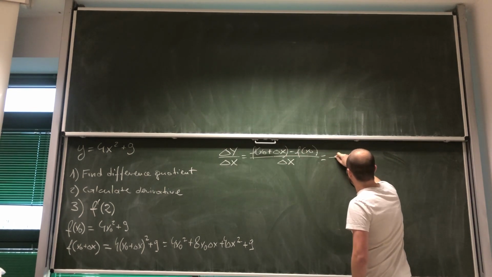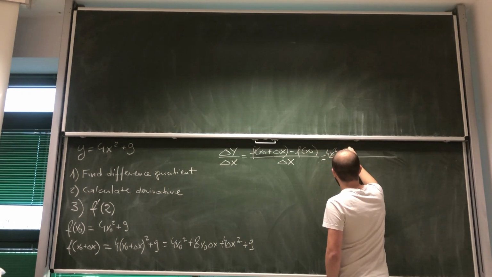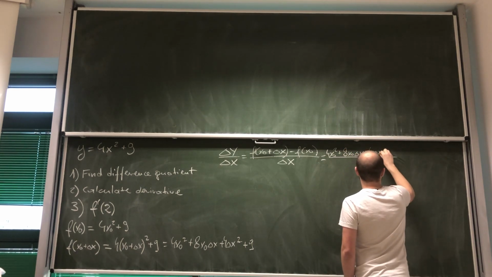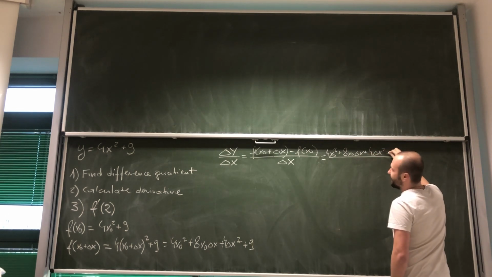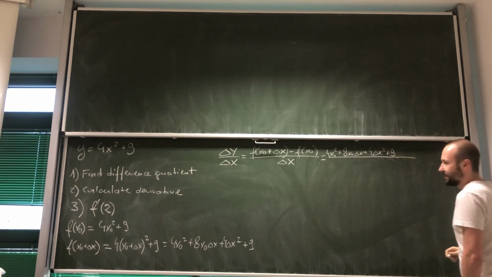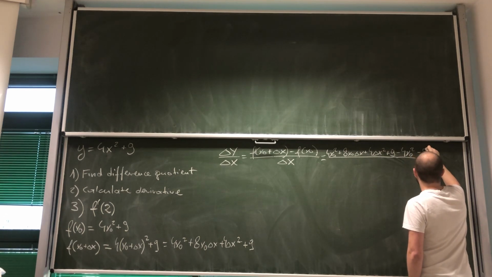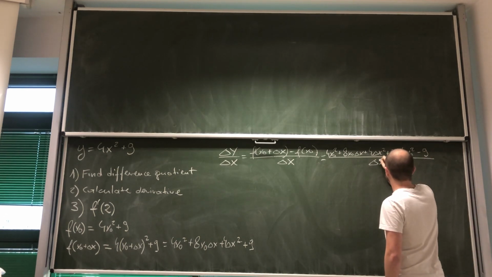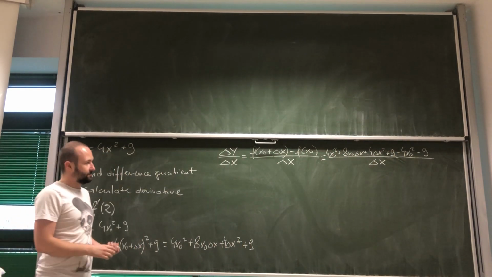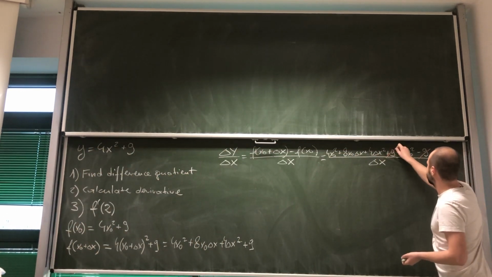So we get over here 4x0 squared plus 8x0 delta x plus 4 delta x squared plus 9. And now we subtract the second expression, so we get minus 4x0 squared minus 9, all divided by delta x. Now we can look for expressions that will cancel each other out. We see here negative 9 plus 9.